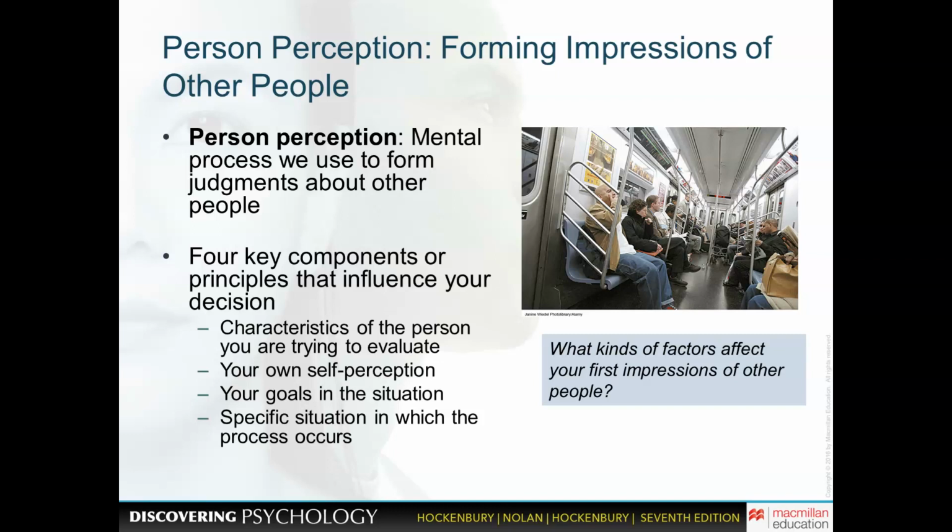Down below here we listed four key components or principles that influence our decisions about making judgments about others. The first of these is the characteristics of the person you're trying to evaluate. Certain characteristics that the other person might be demonstrating can influence our decisions and how we perceive others.